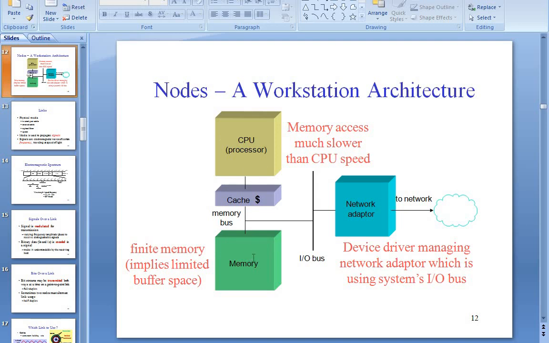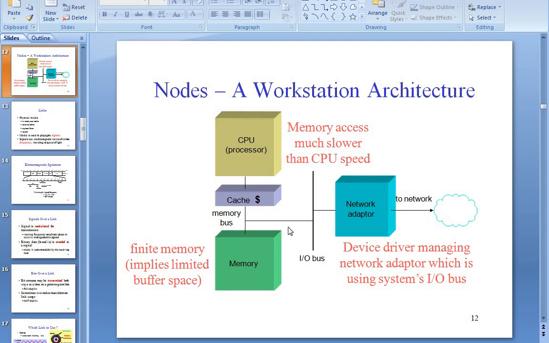The second possible issue is the network adapter, the device driver basically managing the network adapter, which is using the I/O bus to connect with the network system. The network adapter is further connected through the I/O bus with the CPU, cache, and memory. The third important issue in a network workstation architecture is memory access, because memory access is much slower than the CPU speed, so it may also impact the network performance.